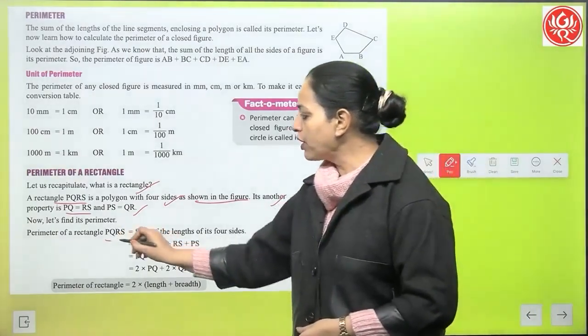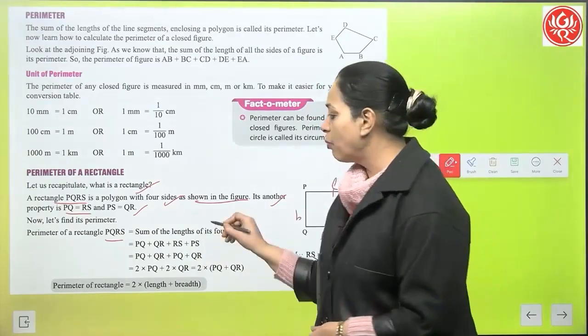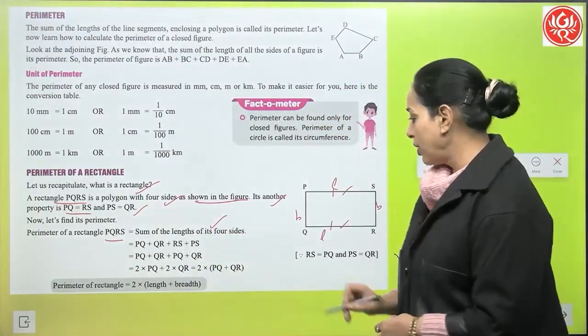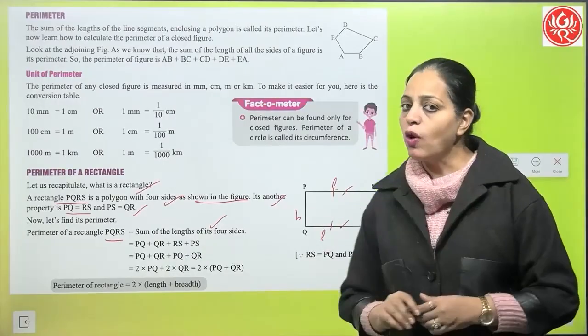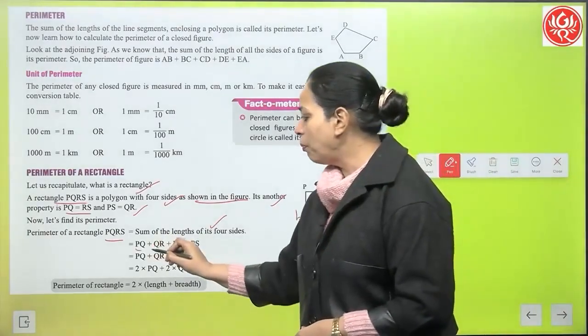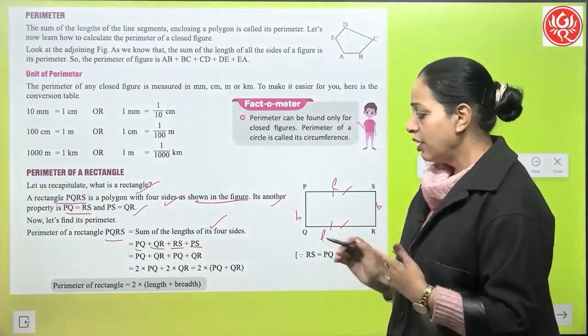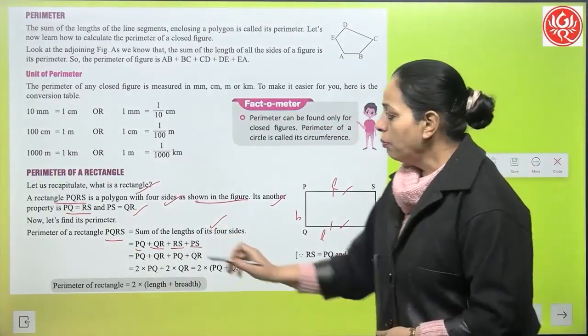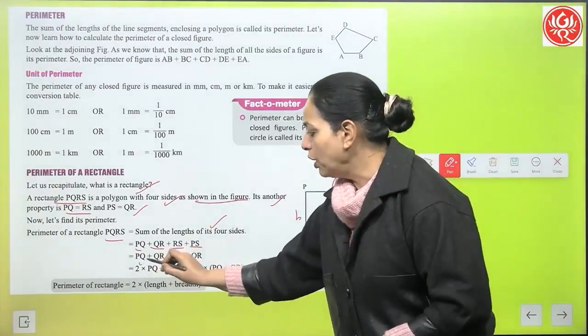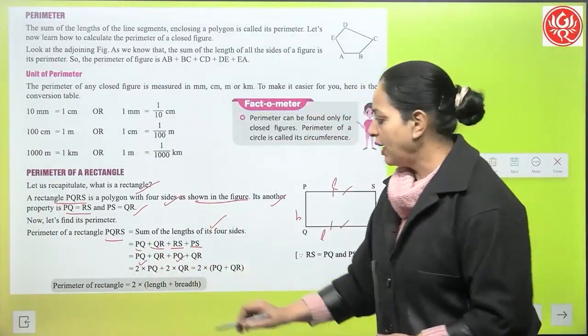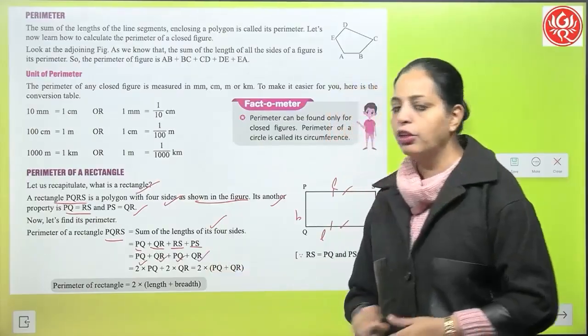So perimeter of rectangle PQRS means sum of all the sides. तो हम क्या करेंगे? 4 sides को add कर देंगे, यानी PQ plus QR plus RS plus PS. Now what to do? We know PQ equals to RS, so PQ plus PQ, and here QR plus QR.